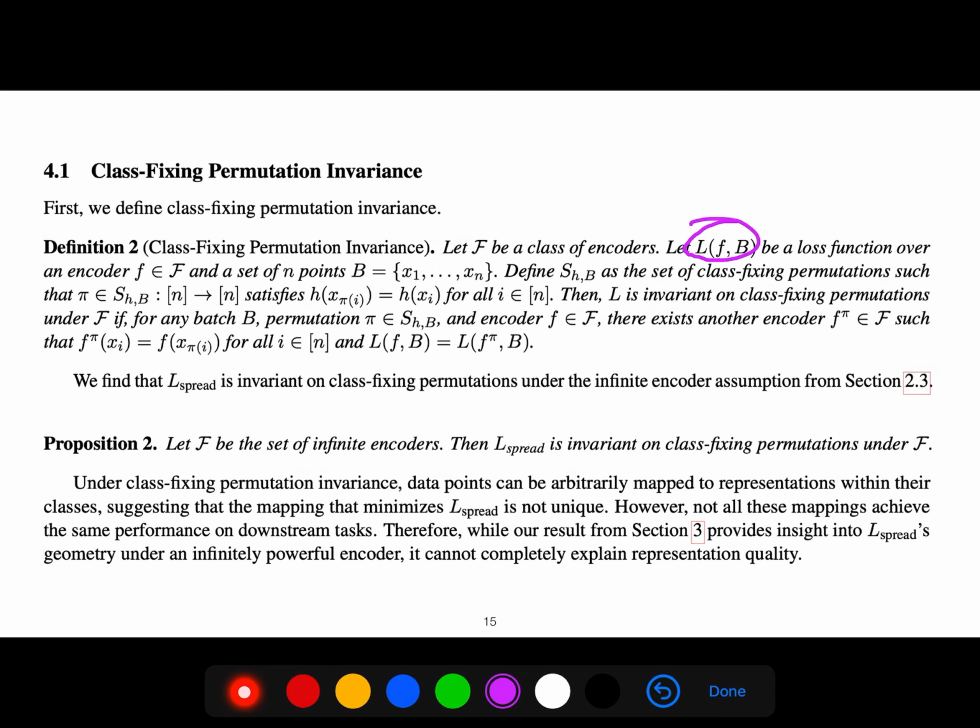We can define S as the set of class fixing permutations, which satisfies that their labels are equal, and then L is invariant on class fixing permutations. And this proposition says that L of spread is invariant on class fixing permutations.